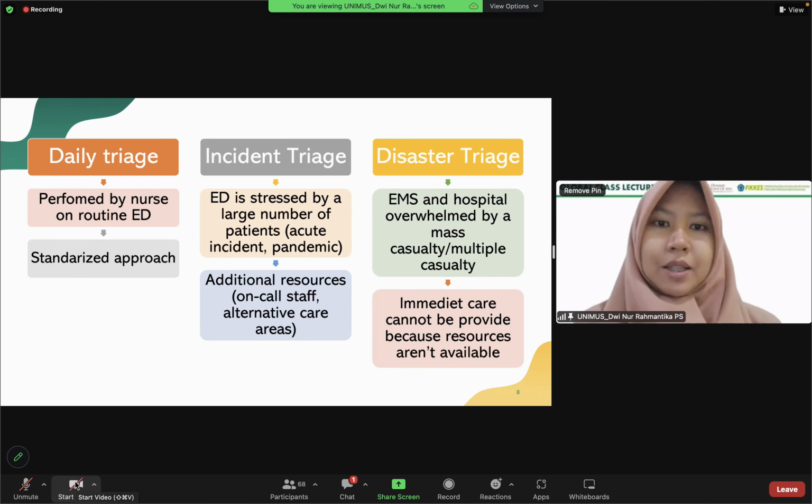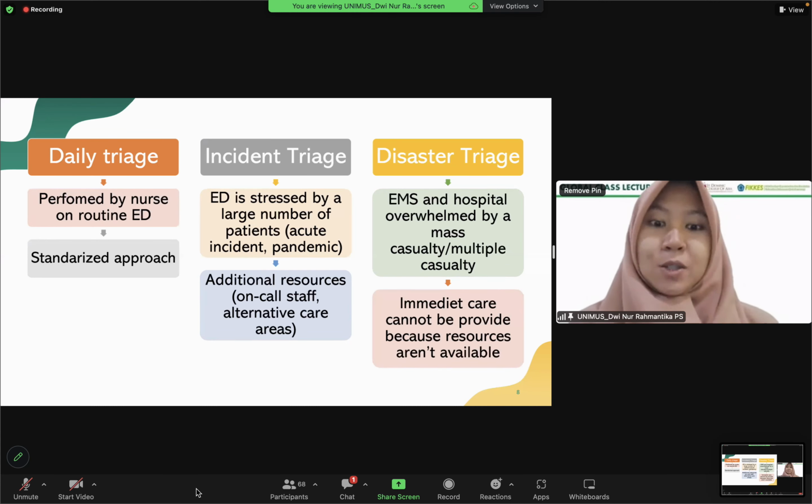Because we have limited resources, limited time, and a mass of patients, the possibility to survive matters. Immediate care maybe cannot be provided because resources aren't available. So we should use the resources in the best way.